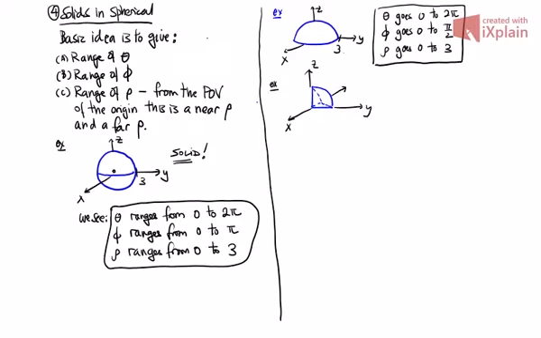For this one, theta changes, because theta doesn't begin until pi over 2. So theta goes pi over 2 to pi. Phi still goes 0 to pi over 2, and rho still goes 0 to 3.